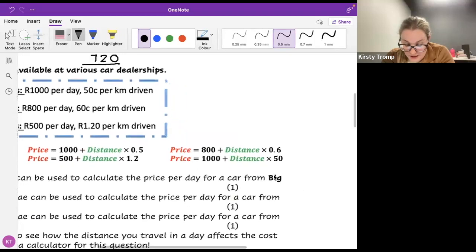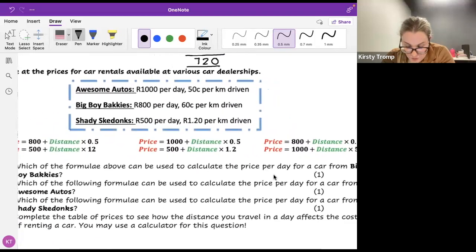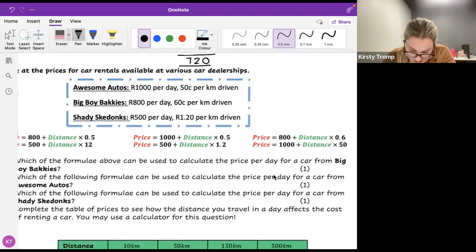All right, hopefully you've all been able to read that. Let's see if we can put it all on the screen for you. It's a little bit small.